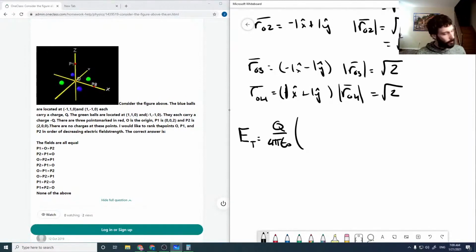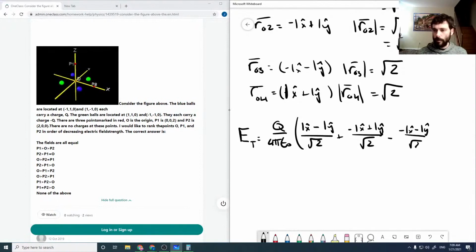So we had 1 x hat minus 1 y hat over root 2 plus minus 1 x hat plus 1 y hat over root 2, minus 1 x hat minus 1 y hat over root 2, minus 1 x hat plus 1 y hat over root 2.